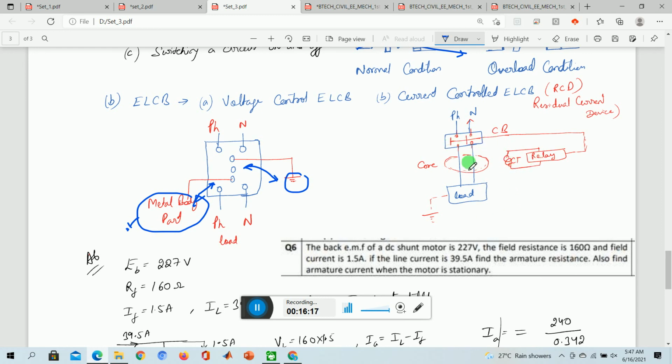Controlling through current is more accurate than through voltage, because a low value of current can be detected. So the current controlled ELCB is more prominent and used nowadays. If one can just draw the diagram and briefly write the difference, it is okay.